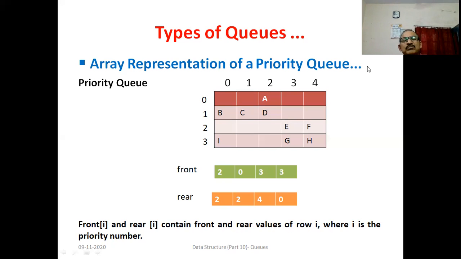Suppose we have 4 priority numbers, so we take a 2-dimensional array having 4 rows. Is it clear? Next point. Assume the size of each circular queue is max, and here max is 5. That means the number of columns in the 2-dimensional array is 5. Is it clear?